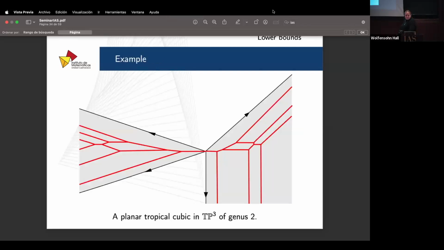This plane that contains these curves, do you have to choose it carefully, or is it just following something? Sorry? The plane that contains this curve, do you have to choose it carefully?